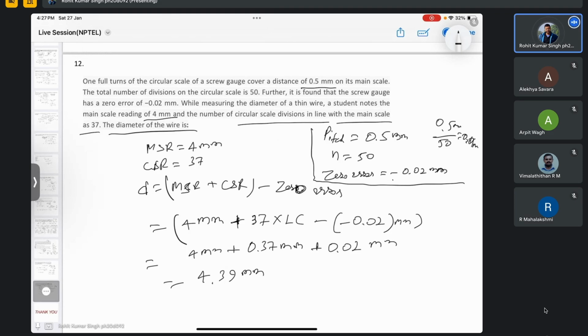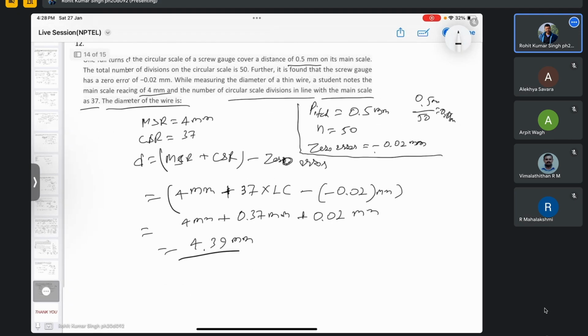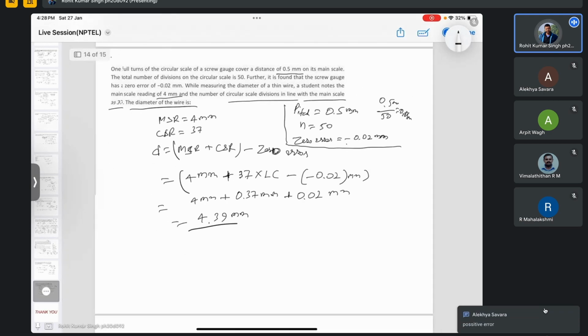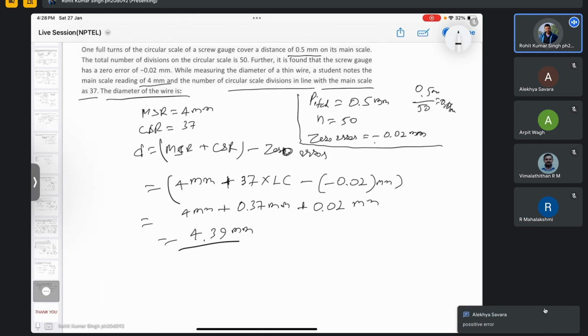This is the answer. Now tell me why this zero error was given as negative. What does it mean? Does it mean negative zero error or positive zero error? Anyone? Positive error.